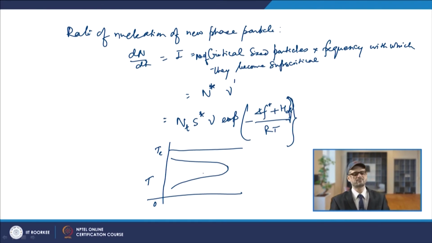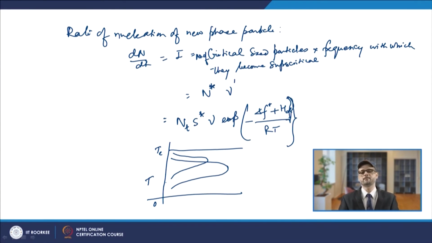Similar will be the curve for the growth, but it becomes predominant when you have the temperature in the upper zone.